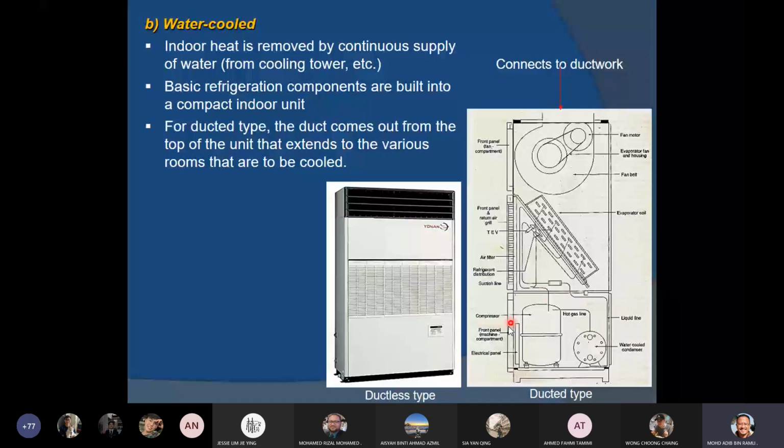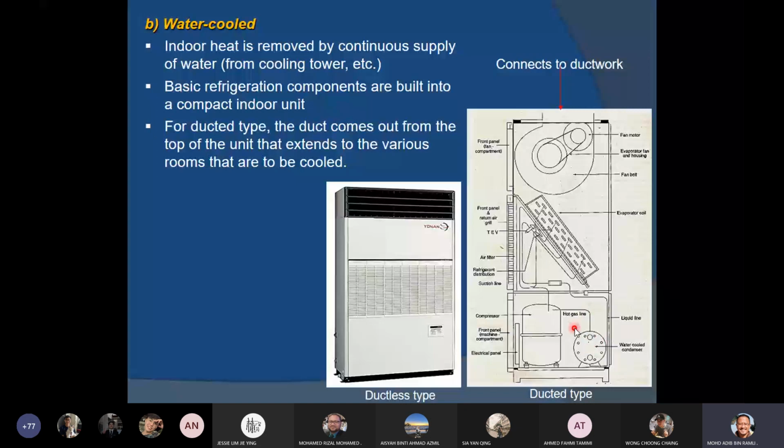Basically, there's a compressor and there is a water cool condenser, meaning that instead of using a fan to draw in outside air into the package unit, there is no fan. You don't see any fan at the bottom here. So just the compressor. And then you can see the water cool condenser on this side, right? So slightly different. So there's no fan.